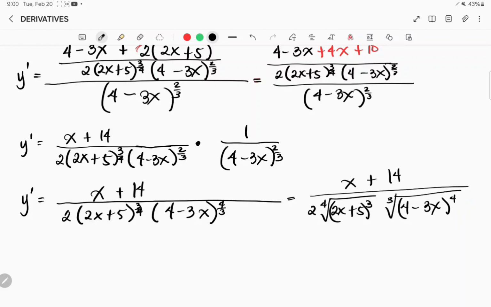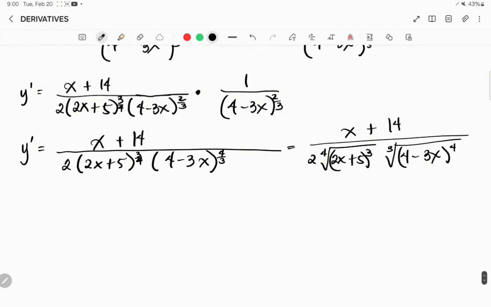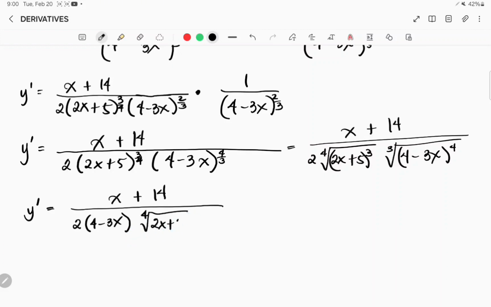So as we move it out inside that cube root, we will have x plus 14 over 2 times, this is the extracted cube inside the cube root, 4 minus 3x. And then we have to be followed by fourth root of 2x plus 5, and the remaining cube root is 4 minus 3x.